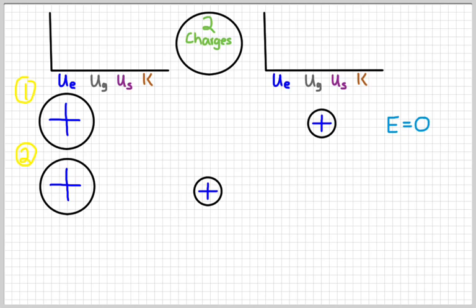So on the bar chart on the left, we wouldn't draw anything. Then we did some work, which means the energy changed, and doing that work caused potential energy to change, and so now on the right-hand bar chart, we would have some electric potential energy.